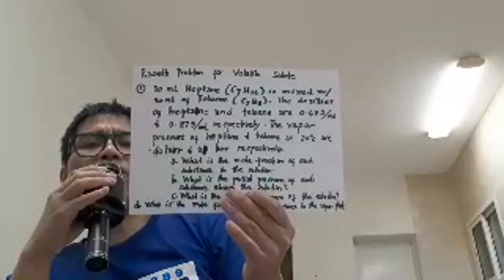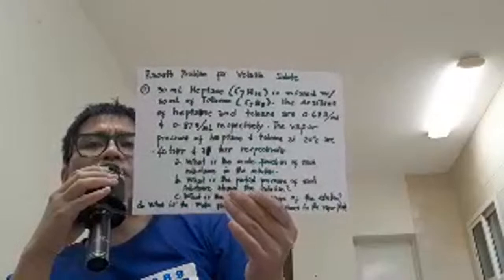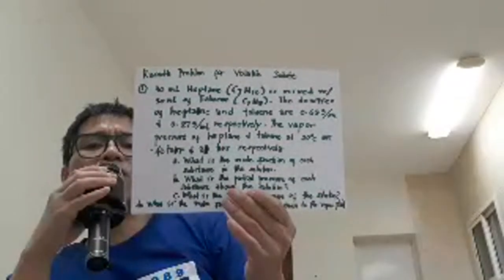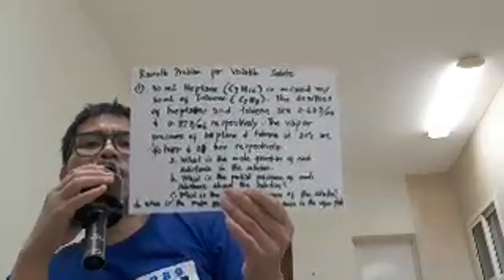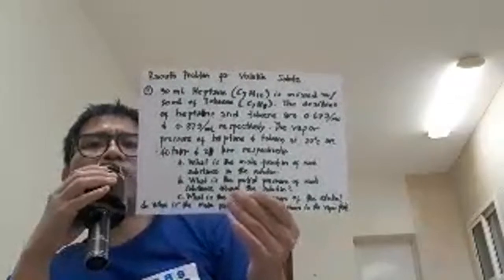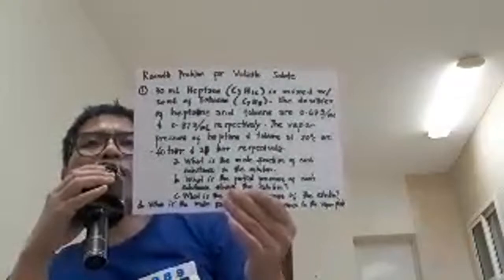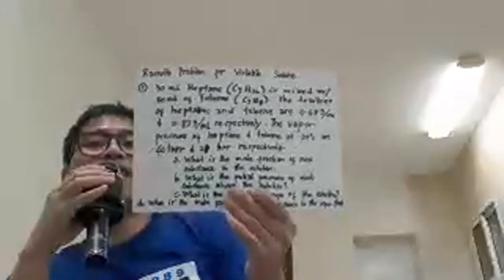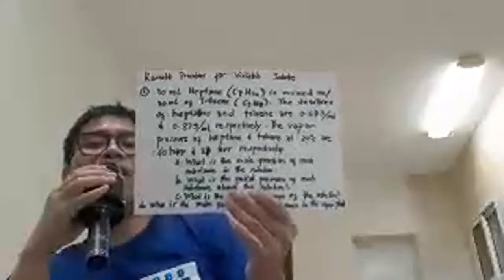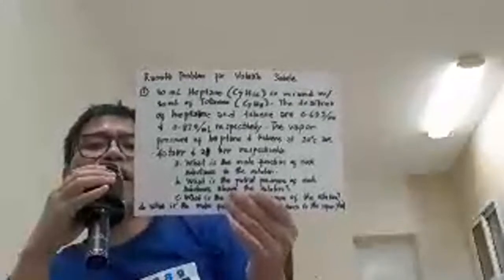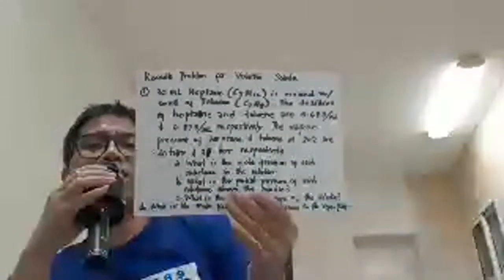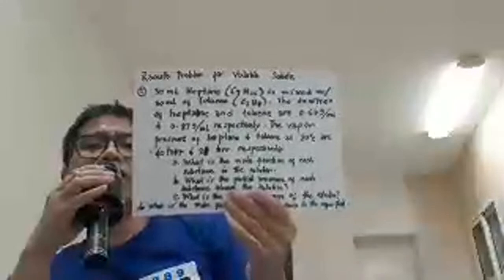And take note also of the molecular weight of each volatile solute. Here we have heptane and toluene. These are all organic liquids, so we consider them as our volatile solutes in Raoult's law.